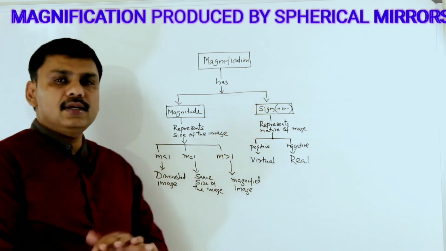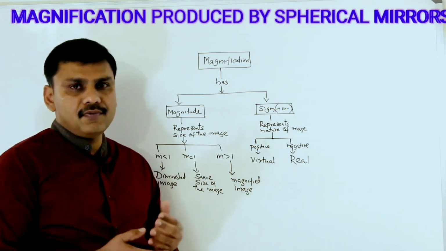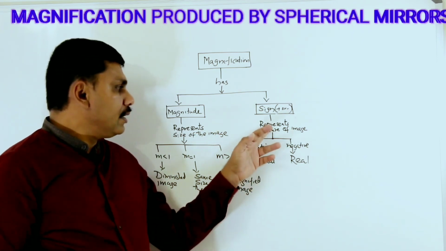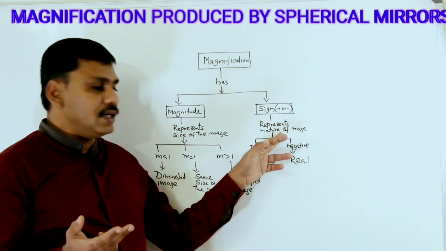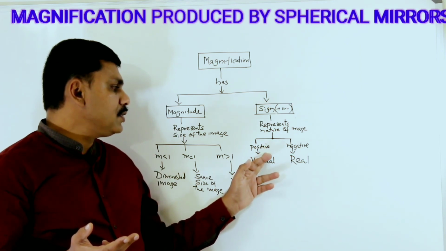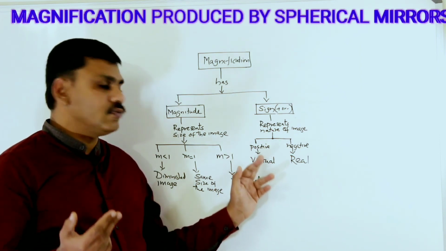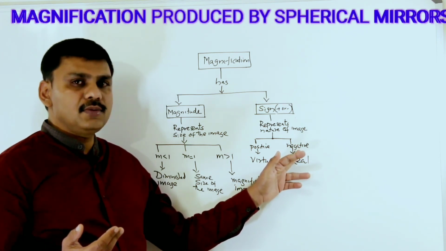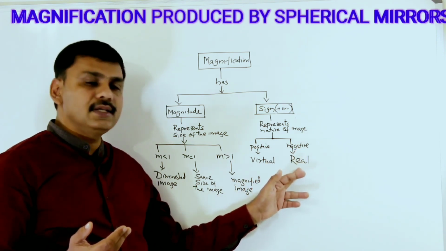What about the sign of magnification? It represents the nature of the image. A positive sign indicates the image is virtual, and a negative sign indicates the image is real.